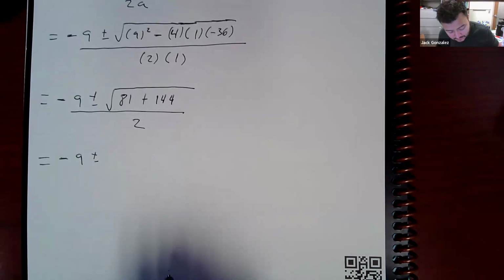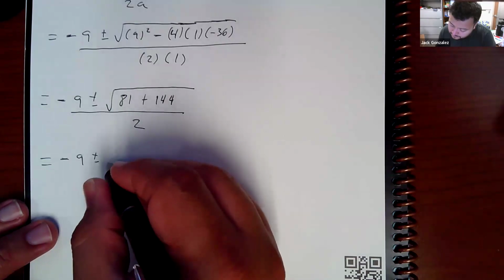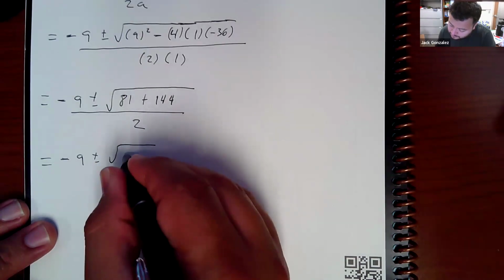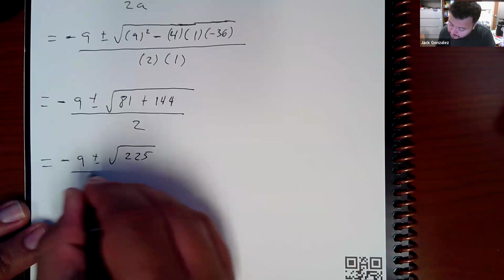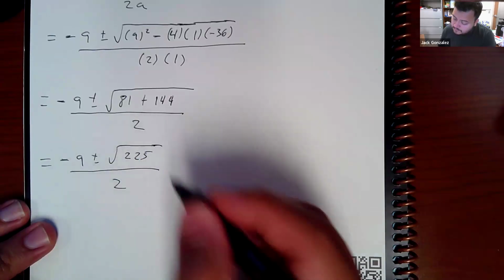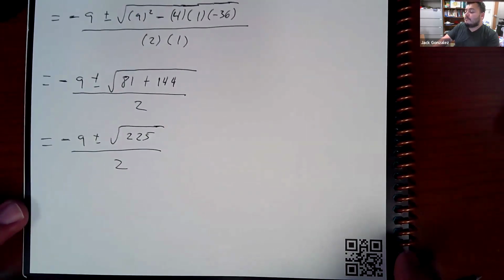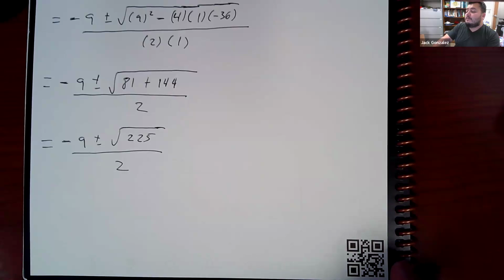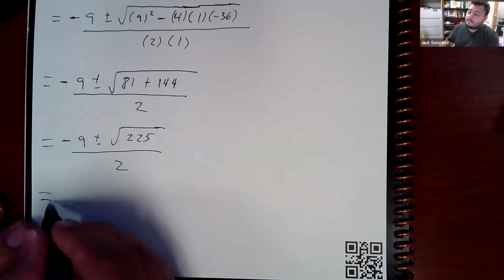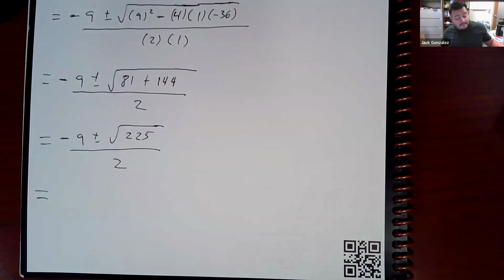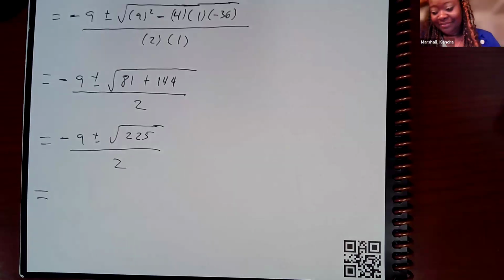Right. Add 81. All right. So there you go, a bunch of numbers. You guys said you like numbers. There you go.